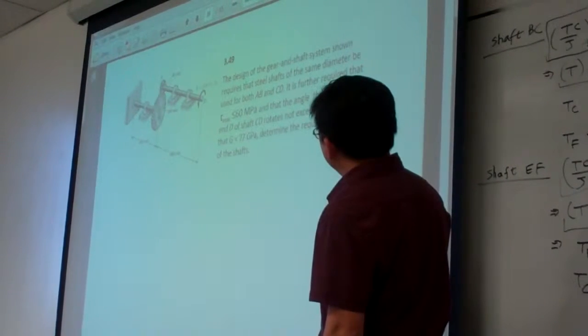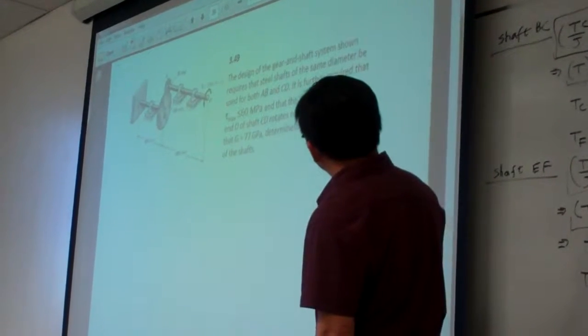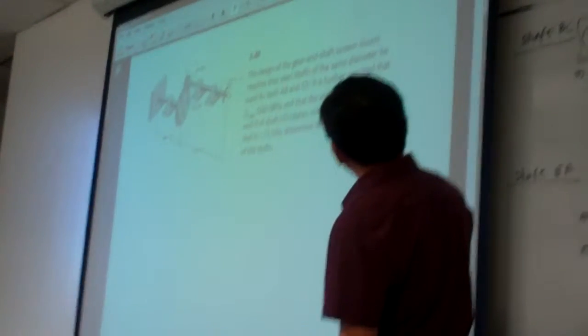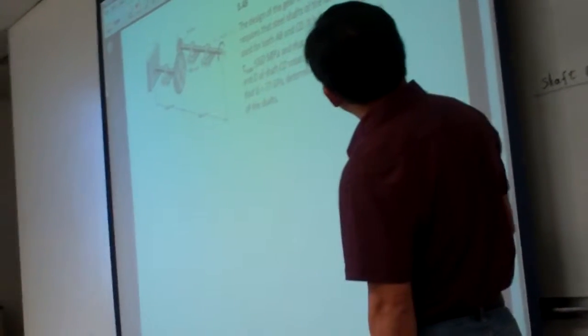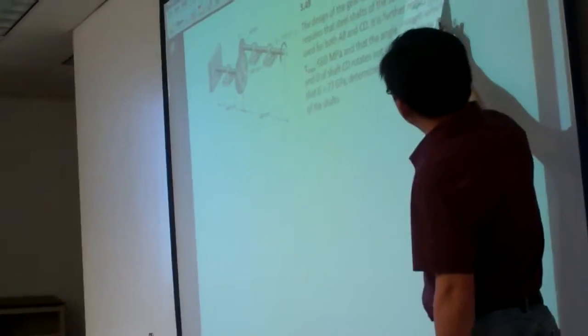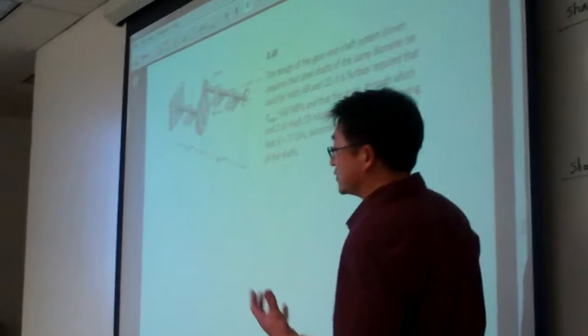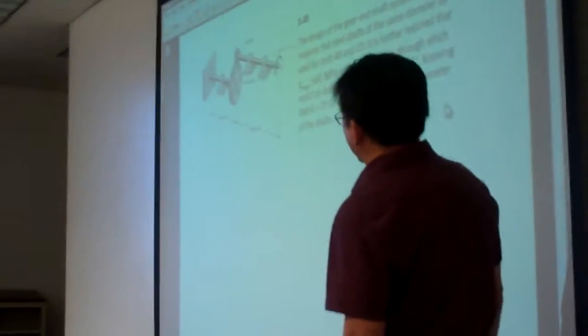So under the two criteria, we want to determine the diameter of the shafts, assuming both shafts have the same diameter. So we want to determine the size of the shaft to make this work.